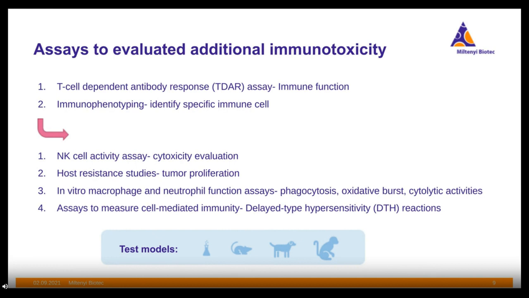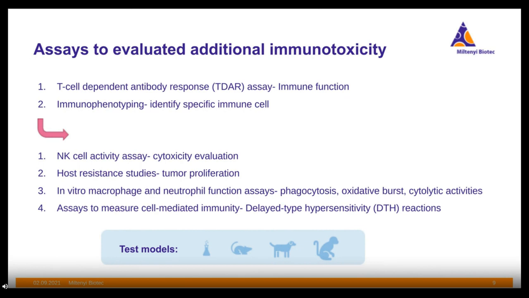Such assay includes, for example, NK cell activity assay, where one checks the cytotoxicity feature of the NK cell. Further on, host resistance studies are also performed, where factors like tumor proliferation can be monitored.